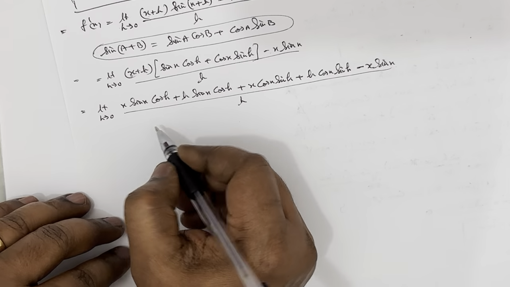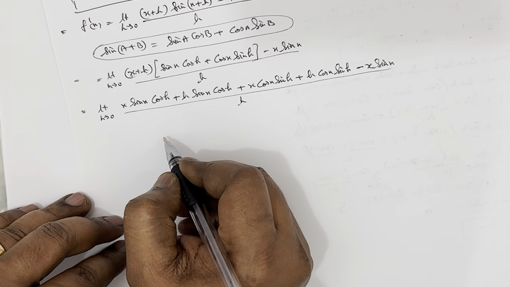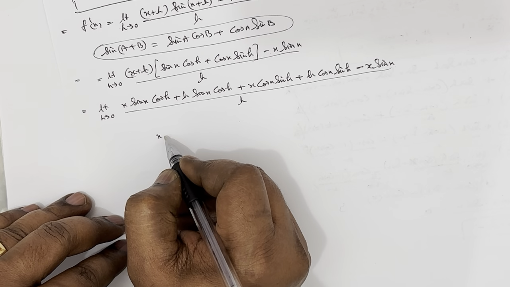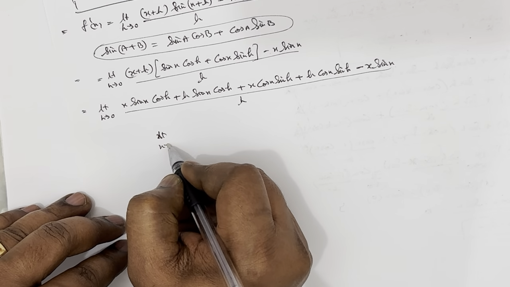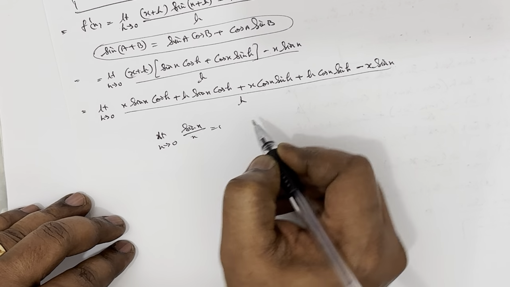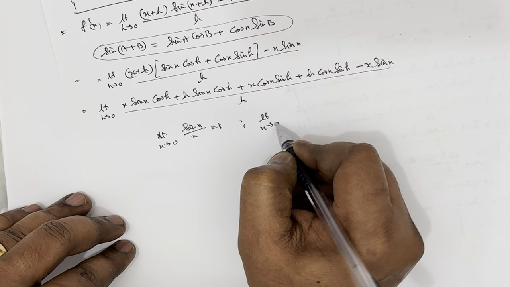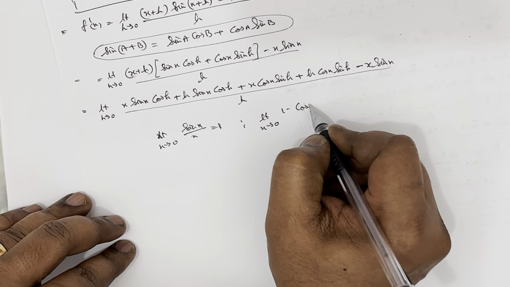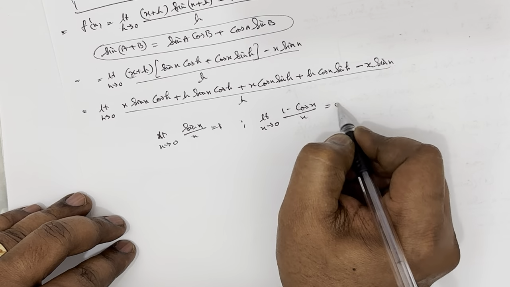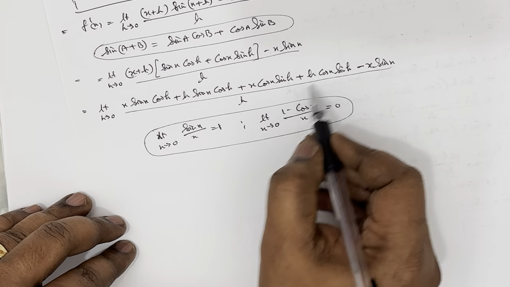Now again, we will remember those theorems of limits, that is limit x tends to 0 sine x upon x is equal to 1, and limit x tends to 0 1 minus cos x upon x is equal to 0. Okay, so let's bring this to these forms.